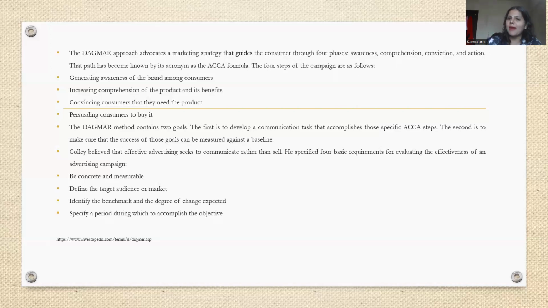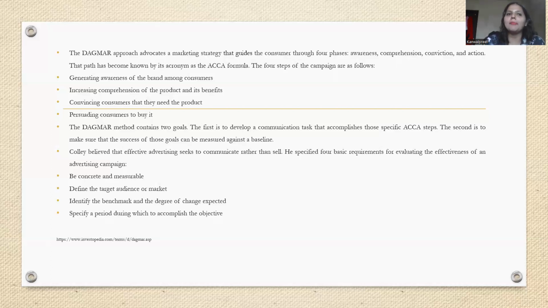Then we need to convince the buyer. And finally, after convincing, the customer should go and buy the product. So that has become known by its acronym, the ACCA formula. A stands for awareness, C stands for comprehension, again C stands for conviction, and A for action. So these are the 4 main phases.